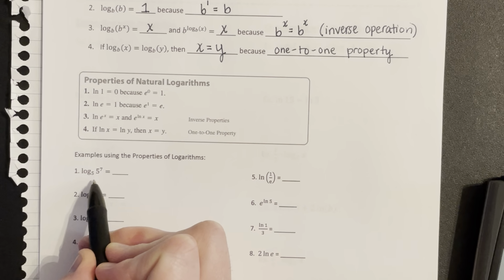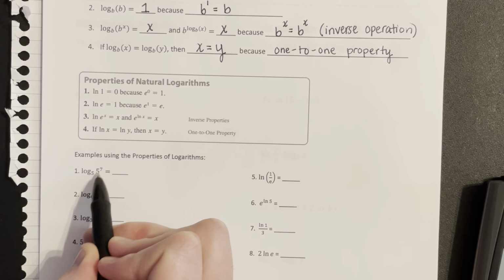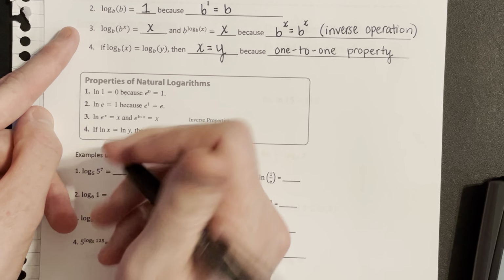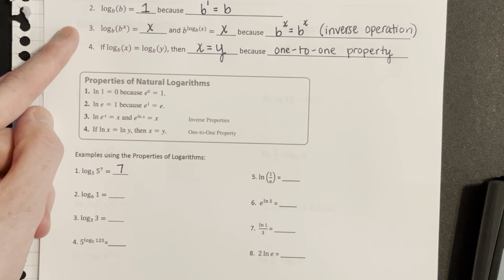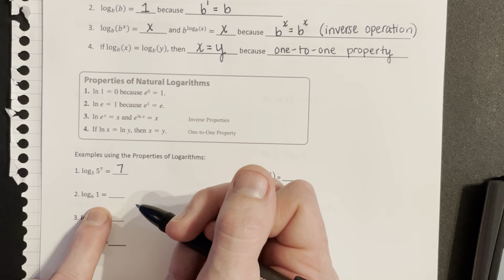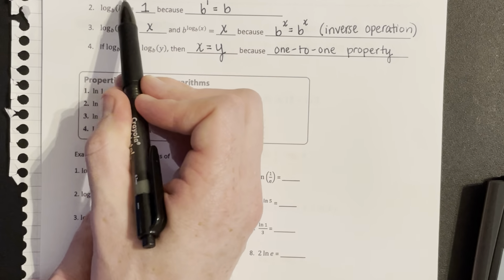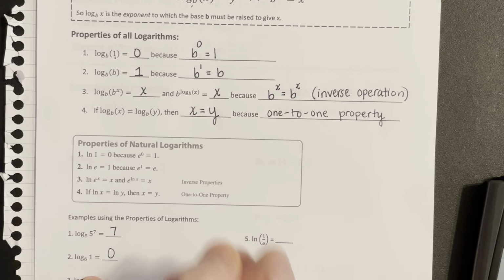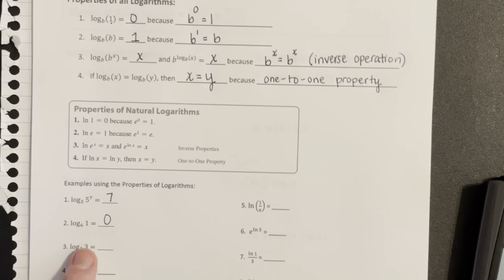I have log base 5 of 5 to the 7th power. This follows that same third property there, so it's automatically going to equal a 7. Log base 6 of 1, because we're taking a log of 1, it's automatically equal to a 0 based off the first property.